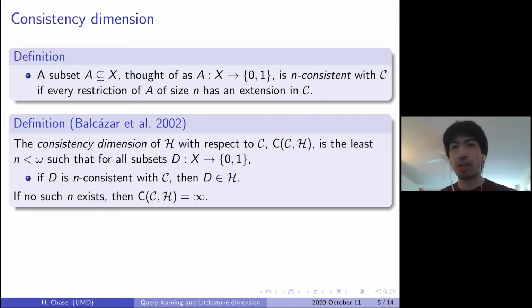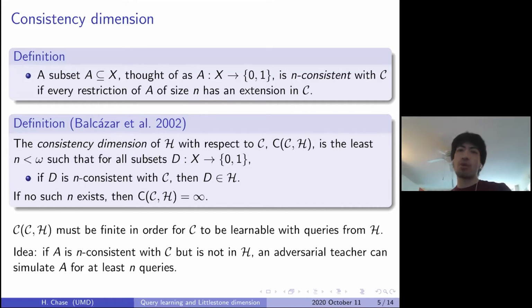The formulation of dual Helly number that Steve gave looks at subsets of X cross {0,1}, so it allows for the possibility that you're agnostic about some elements. That's strong consistency dimension, which I'll also mention later.